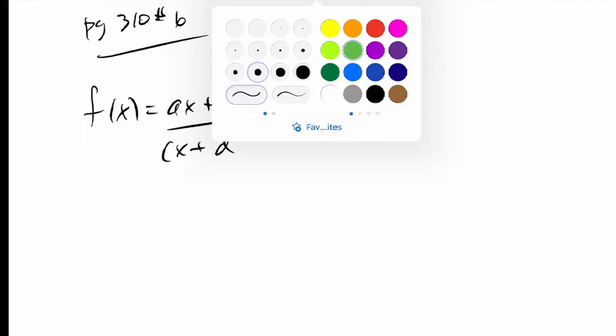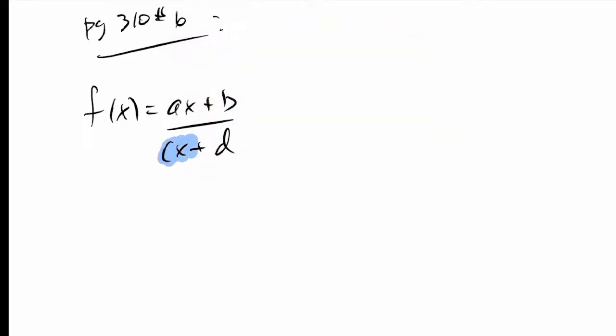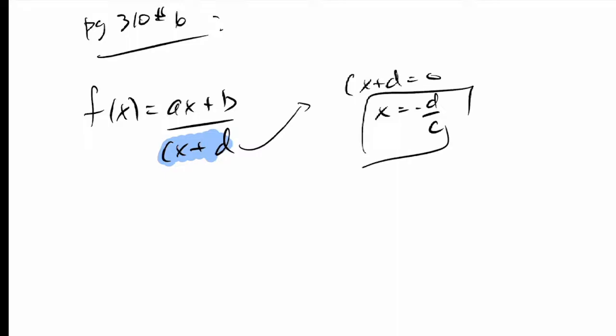A vertical asymptote for a rational function occurs when the bottom is 0. So when is cx plus d equal to 0? That's when x is negative d over c. So the vertical asymptote for this rational function is negative d over c.